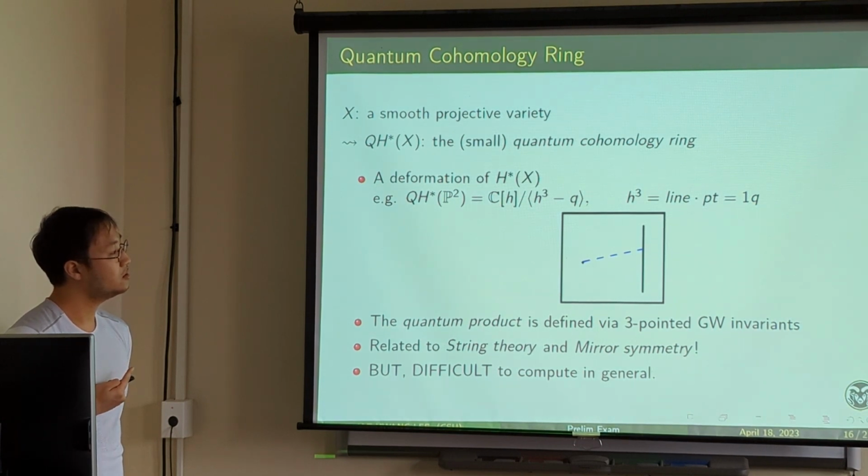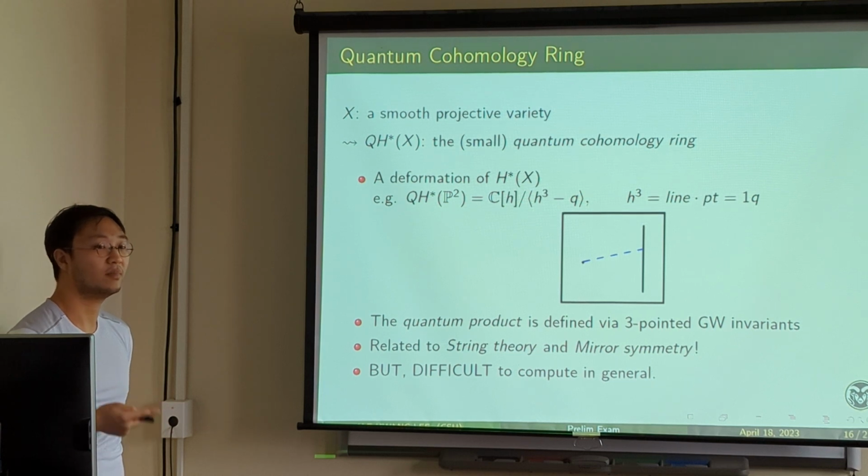And generically, a point and a line in the projective plane will not meet. But what the quantum product tells us is the information of how this point and this line are connected. Not the intersection, but how they are connected.